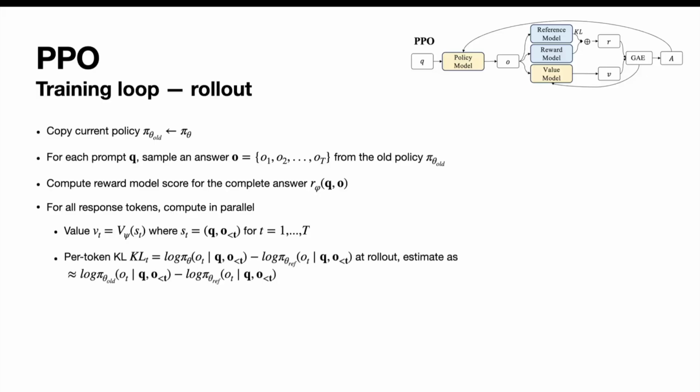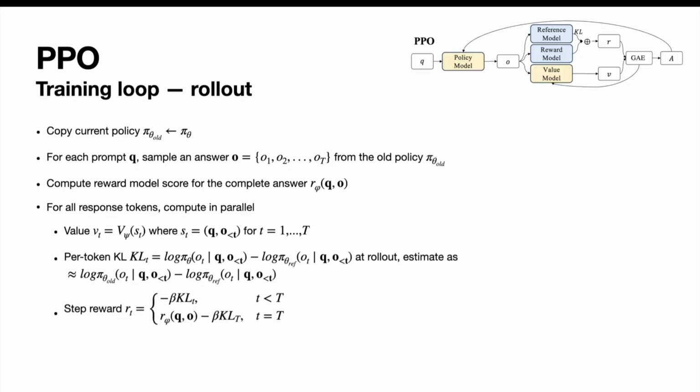Second, we compute the per token KL estimate, KL_t. Conceptually, this compares pi theta with the reference policy. We use log pi theta old here because at rollout time, the old policy is a frozen copy of pi theta, and we already have its log probabilities from generation.